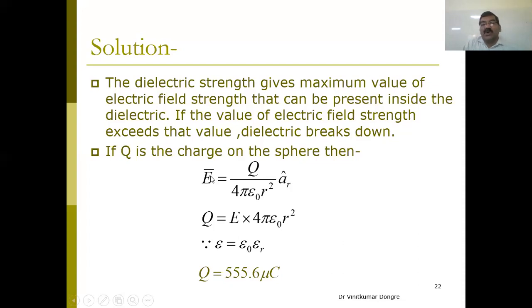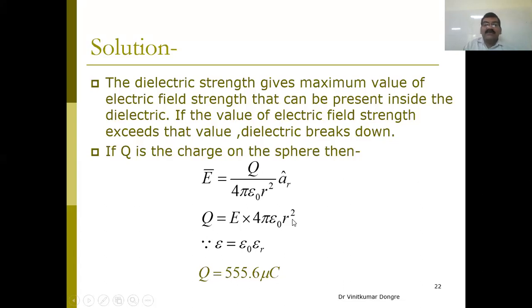That we know. Now what is this E? E is nothing but the dielectric strength which is given. So Q can be calculated, you just rearrange. The magnitude of E is given, so I'll not take the vector on both sides, I'll take only the electric field strength, 4 pi epsilon 0 r square.